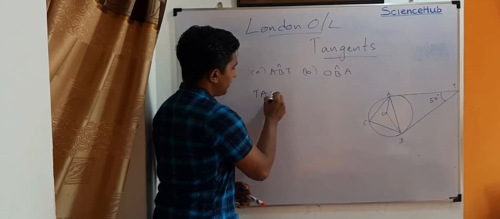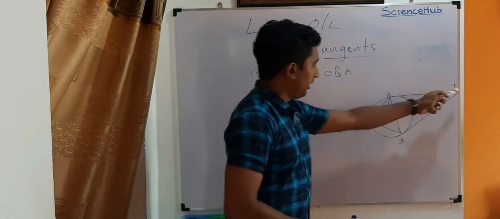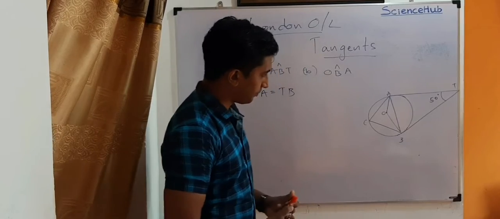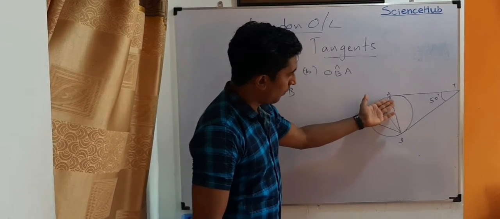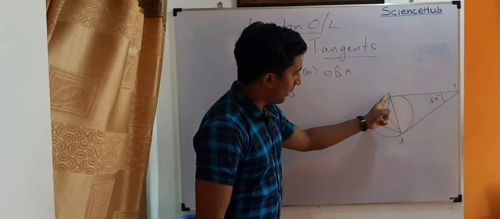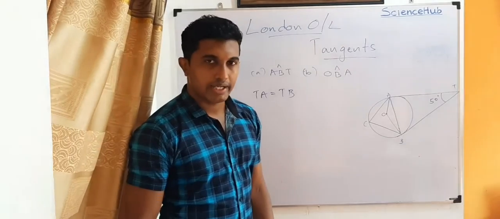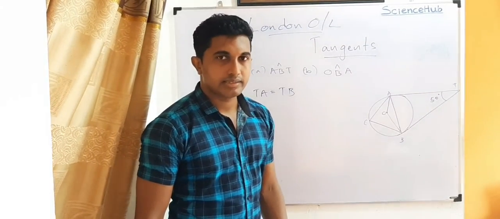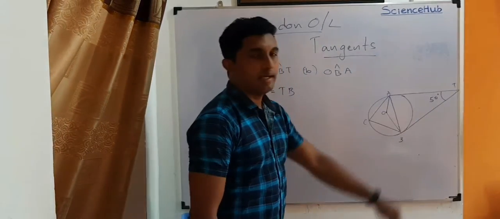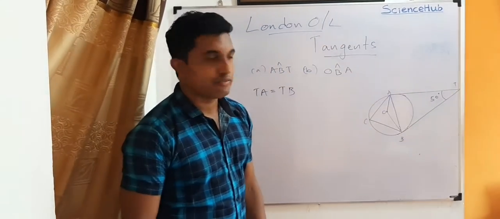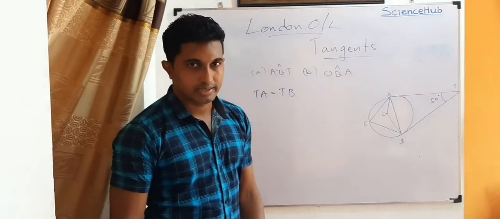TA equals TB, and therefore triangle ABT should be an isosceles triangle, because two sides are equal in size.